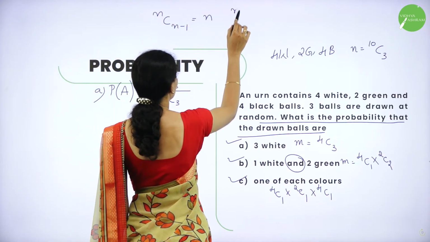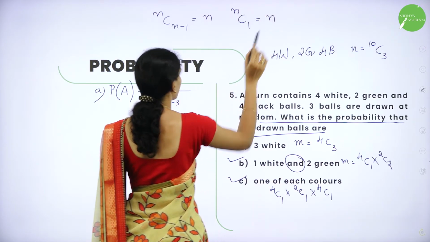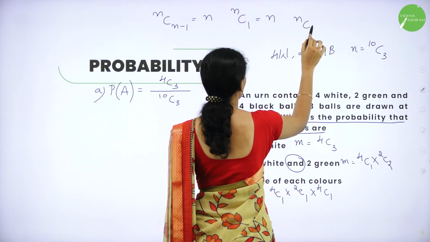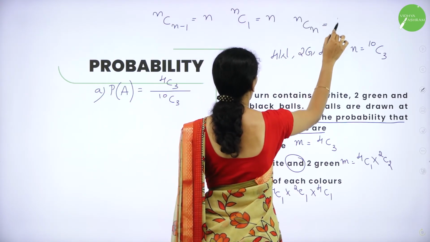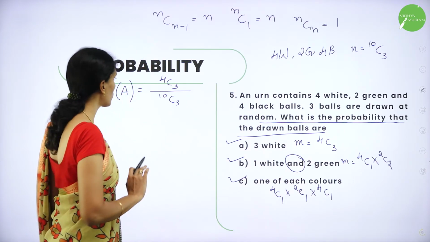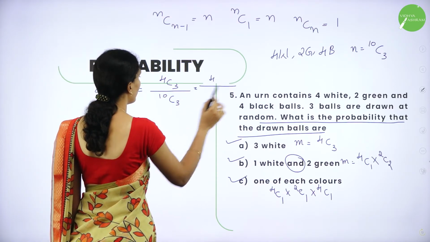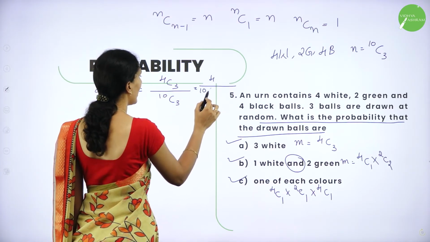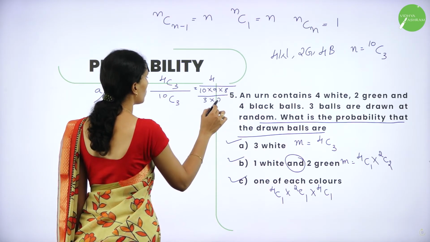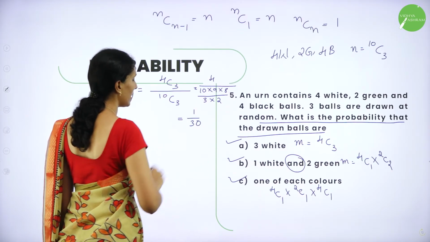Also, NC1 is also n. Then NCn will be 1. So using these properties, it is very easy to find the calculation. So I have 4C3, so here I can write 4 divided by 10C3, which means 10 into 9 into 8 divided by 3 into 2. On calculating this, I'll get 1 by 30.